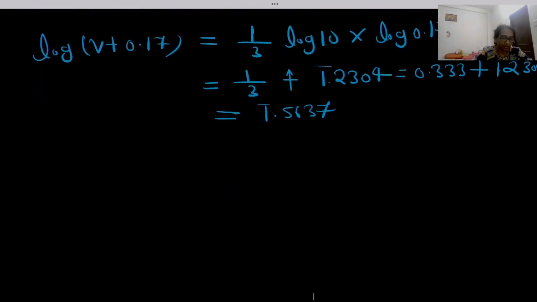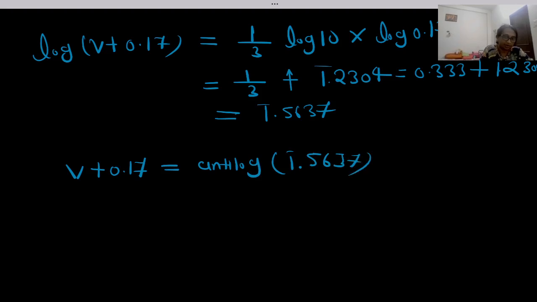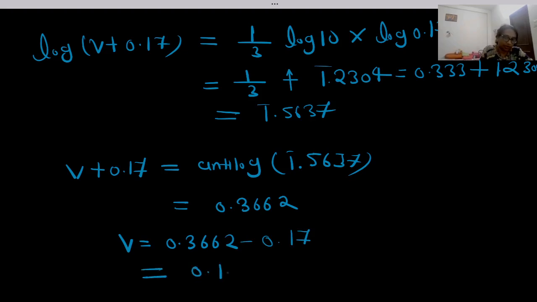Mathematically, right? Then you will get the value of the extracted volume. We took the antilog of 1.5637, right? And we will get 0.3662. V is equal to, now we shift this, 0.3662 minus 0.17, then you will get 0.1962 liters.